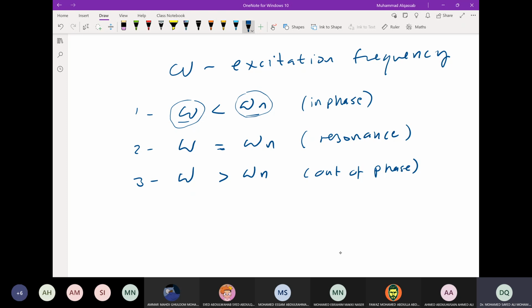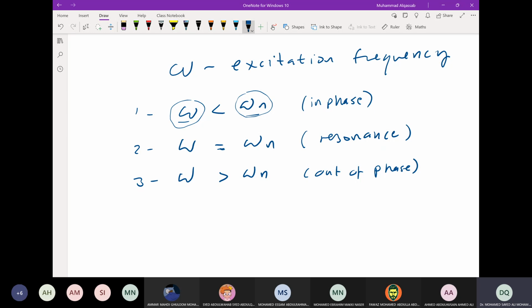So this is called in phase, which means it is slowly exerting a force on the system. You can think of it as a response, or let's say ردة الفعل. The response of the system under omega less than omega n is slow, so it will have low amplitude of vibration.